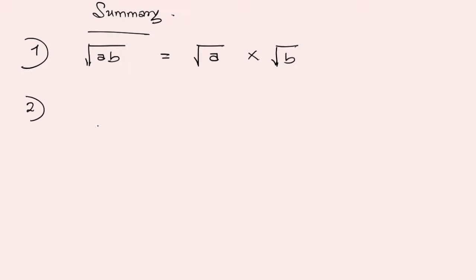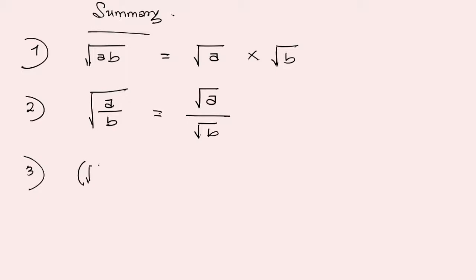The second one says if you have the square root of a over b, this is the same as the square root of a over the square root of b. And the third one says that the square root of a squared is equal to a.